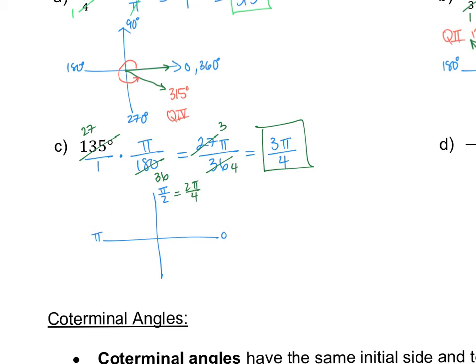This is a pi, but we can always write a pi as a fraction, and this would be like 4 over 4. So 4 pi over 4 is still a 1 pi. So this is a 4 pi, this is a 3 pi. So this is less than 4 pi. So it's somewhere in the second quadrant here.